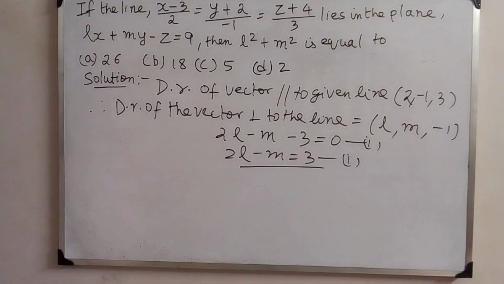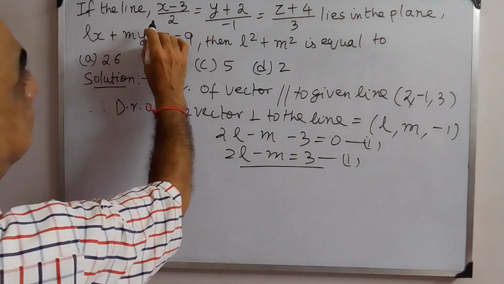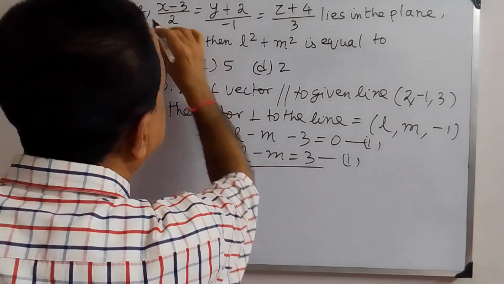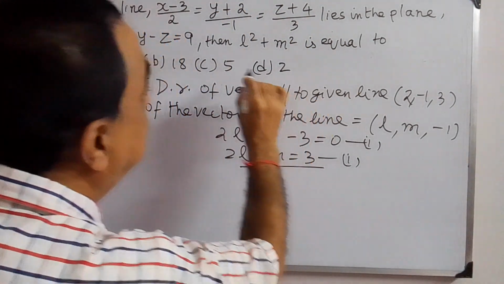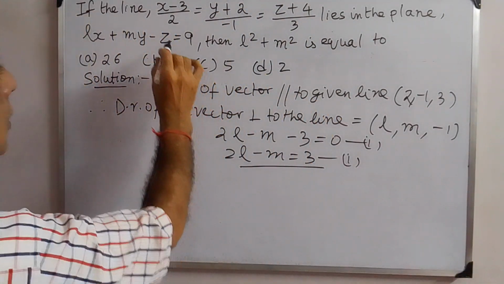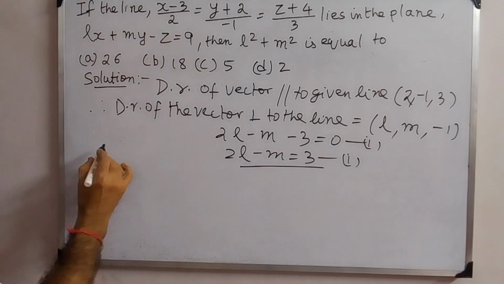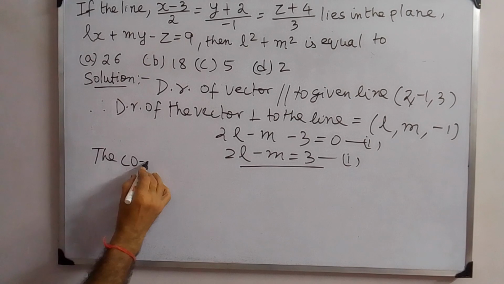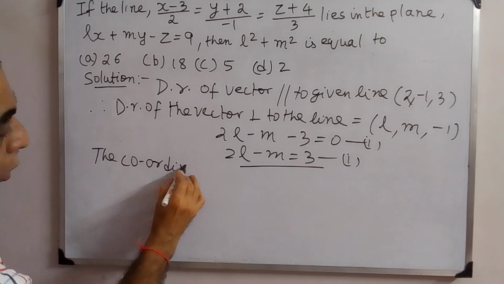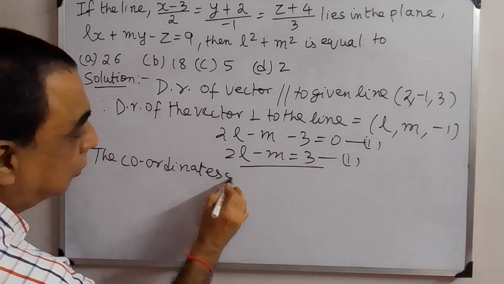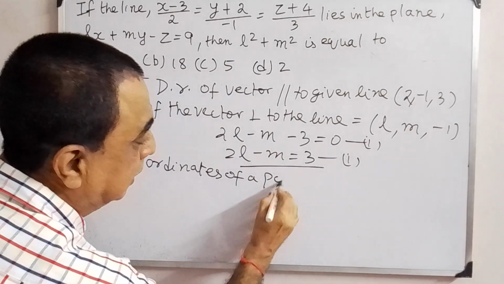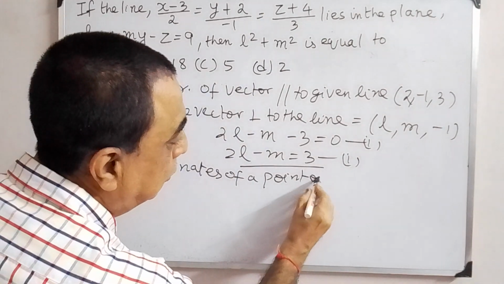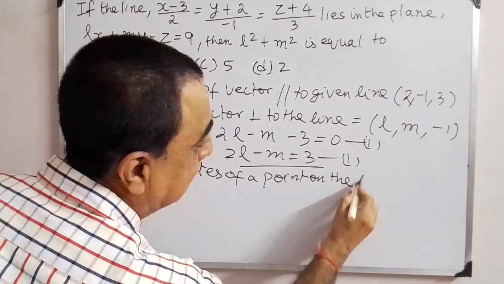Now, from where will we get the second equation in terms of L and M? This is a line which is lying on the plane. Now see, the coordinates of a point on the line.